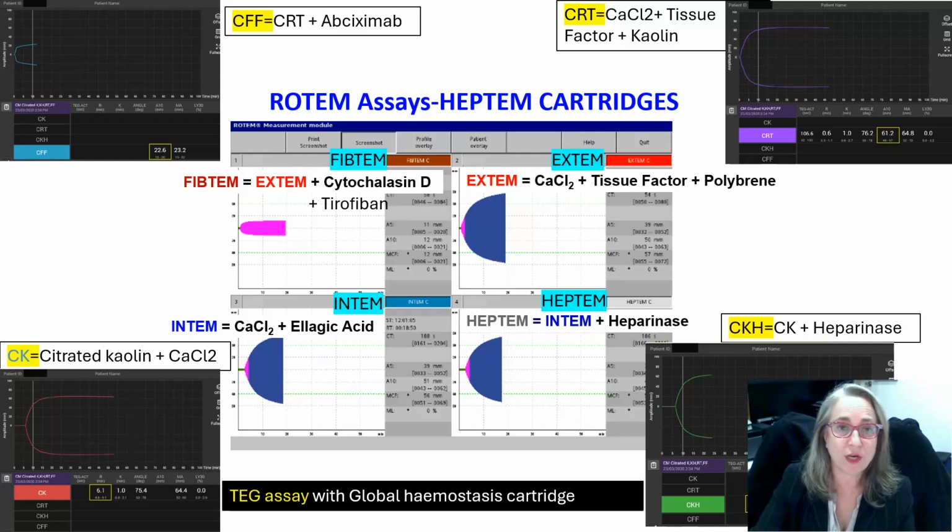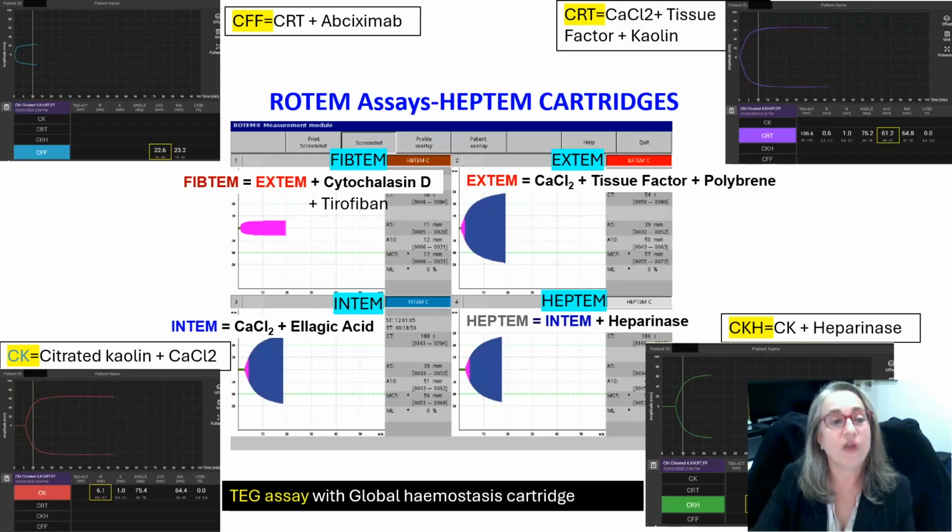So now moving to the left, we're going to go anti-clockwise, looking at the top left-hand side of this image. In the middle of the screen, we're looking at the FibTem. So this is analogous to a Clauss fibrinogen. In the Rotem, the white one in the middle, we will see it's essentially the XTem that we were just talking about, but you've added 2 different reagents to kill the platelets. So therefore, it's quite pure in that all the platelets are gone, and it's just looking at the fibrinogen contribution to the clot.